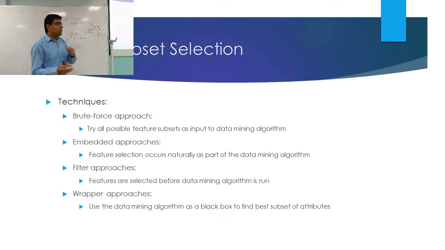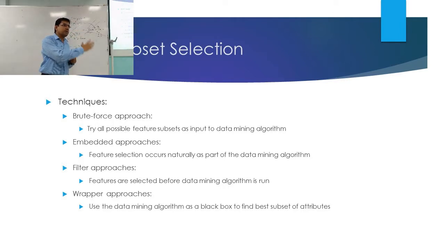And filter approaches are a separate task before the data mining task takes place. Before that, the filters are applied, and then the features which are irrelevant are removed from the data. In the wrapper approach, we use the data mining algorithm as a black box. The difference between the filter and the wrapper approach is that the wrapper approach is a part of the algorithm itself.